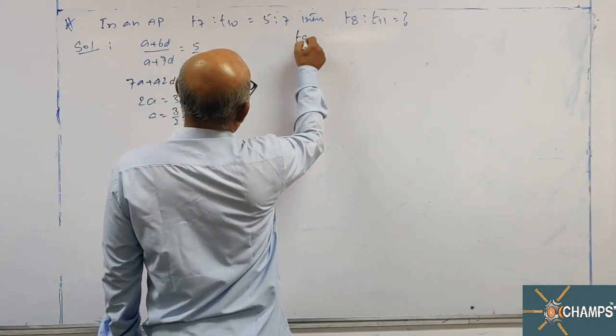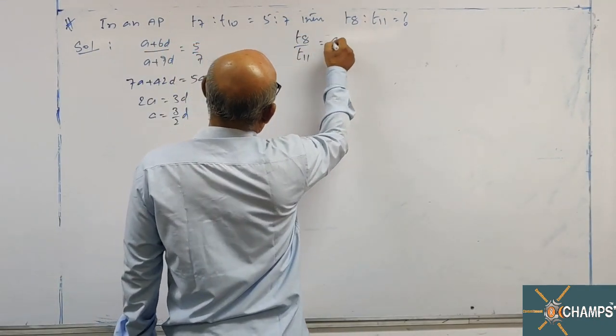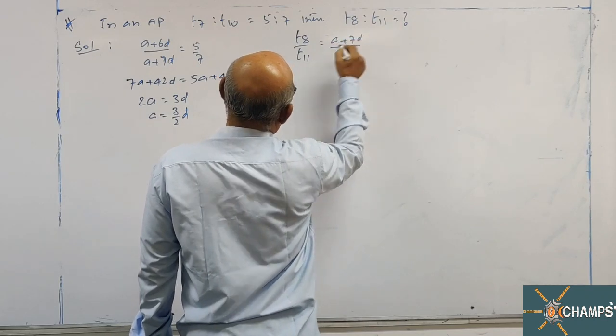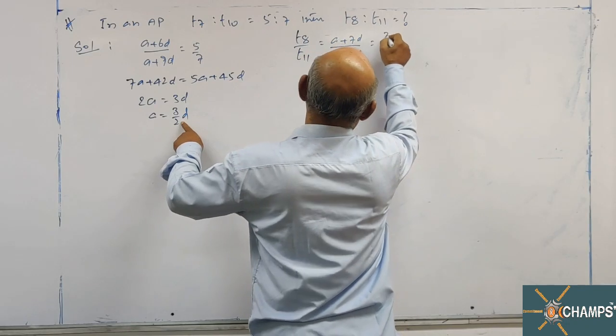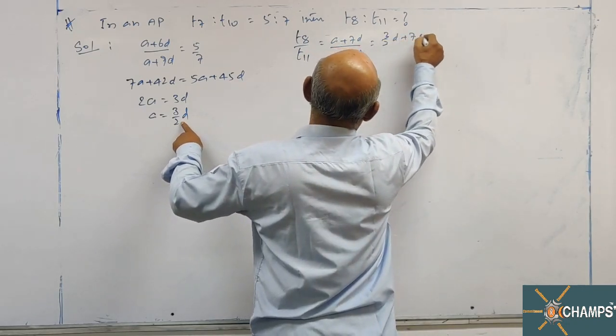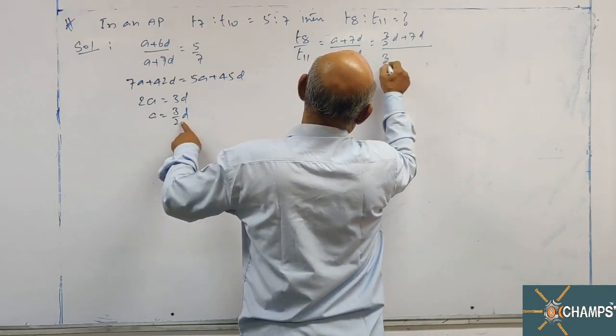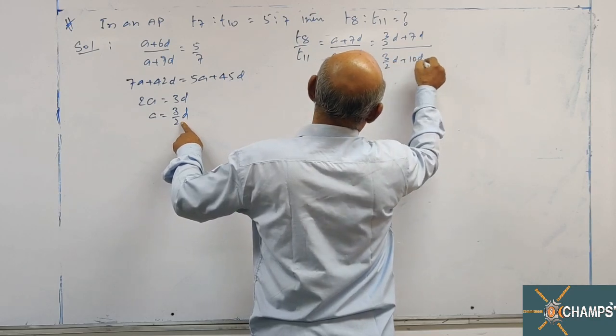Now sir, T8 by T11, A plus 7D divided by A plus 10D. A can be replaced with 3 by 2 into D plus 7D, over 3 by 2 into D plus 10D.